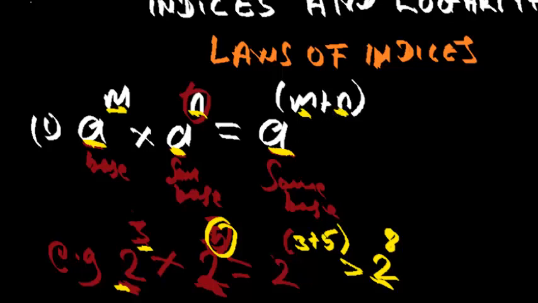You can see it clearly here too. We have 2 and we have 2. The bases are the same, 2, 2. Therefore, to get the answer, pick your 2, and then the index of the answer is the index of this one here plus the index of this one here, and you are going to get 8.